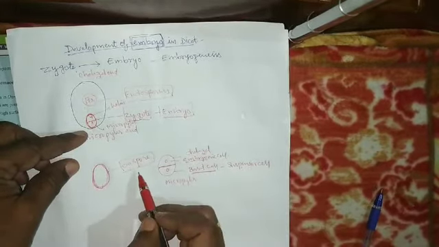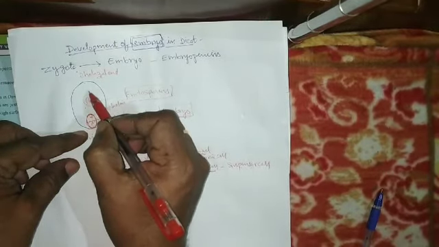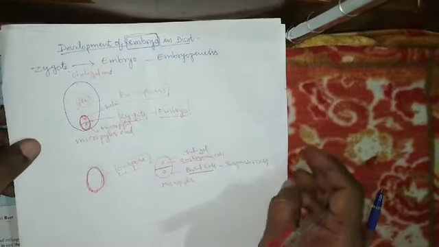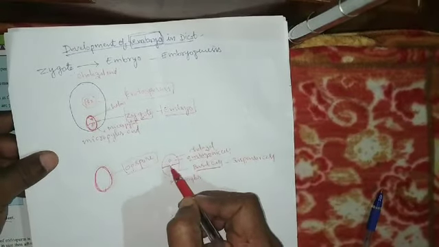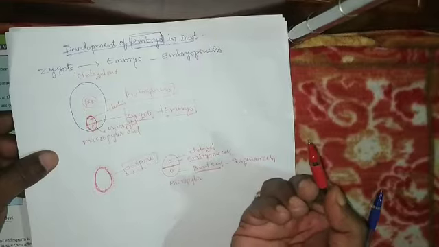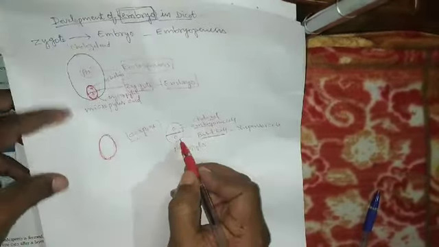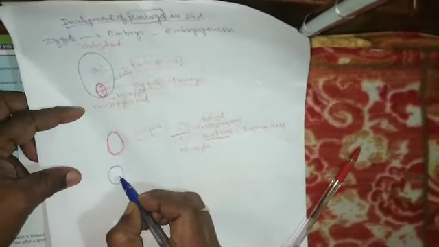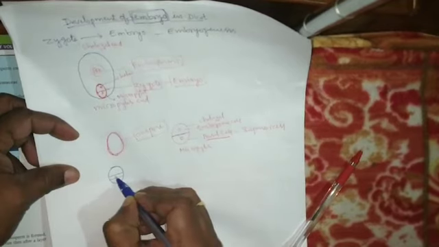Now the embryonic cell gets the food material from the endosperm. Later we can see how these two cells divide into different cells and how the structure is formed. Now the basal cell divides transversely and forms two cells.